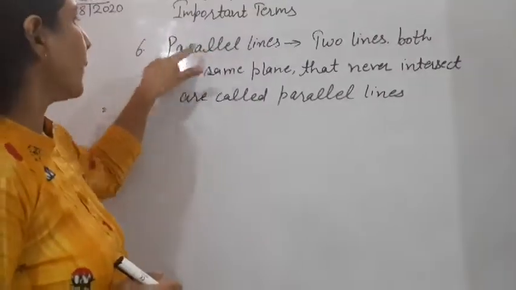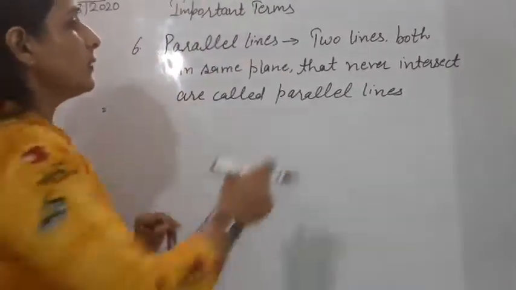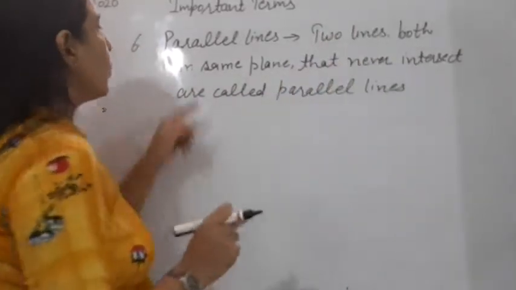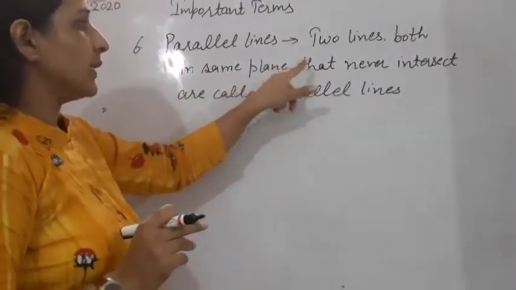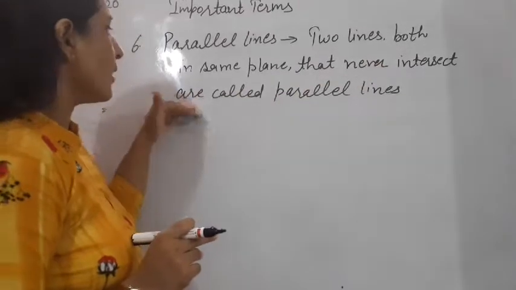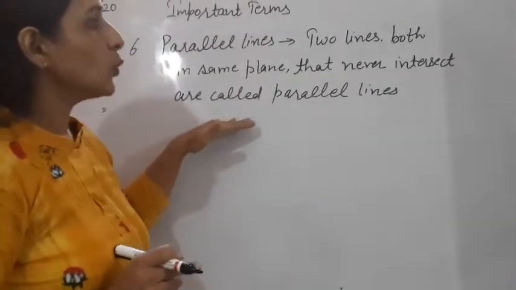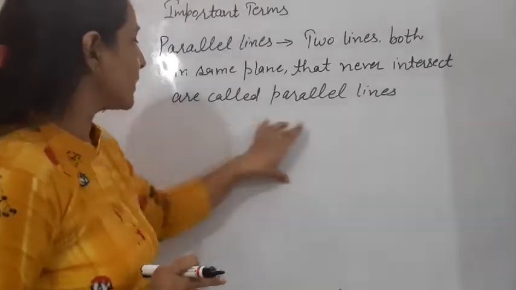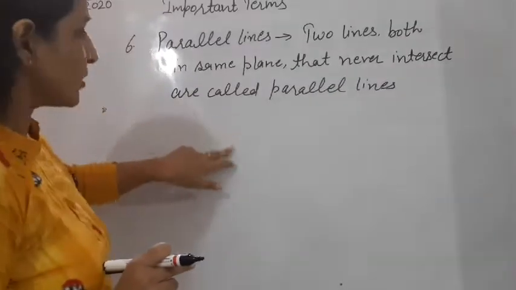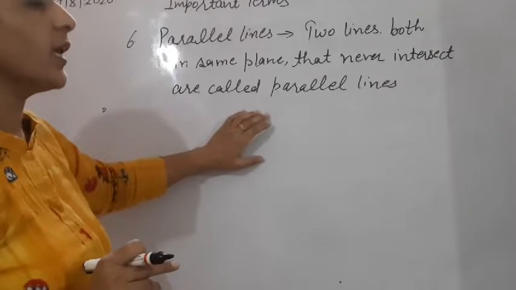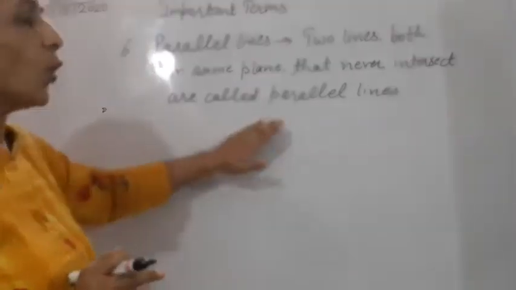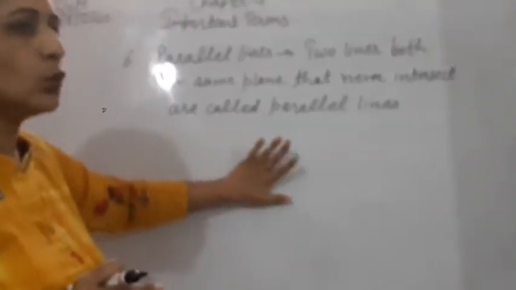The next is parallel line. When two lines in the same plane never intersect, they are called parallel lines. It means the two lines are moving in the same direction and the distance between them is the same. And they are not intersecting each other.